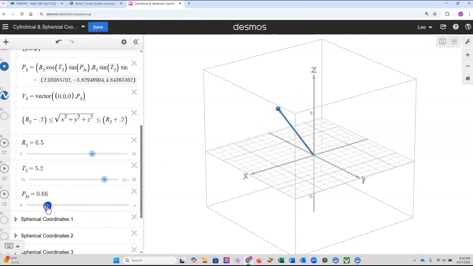So as I go to 0, we'll go to that upper z-axis. And then as I go down to pi over 2, we're in the xy plane. And then down to pi, down to the negative z-axis. So that is what phi is going to do.